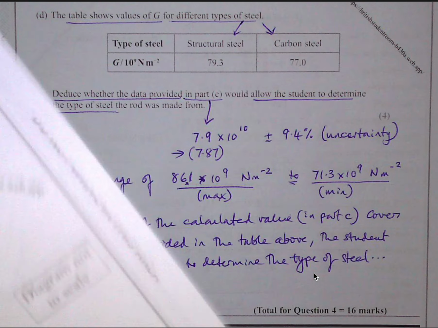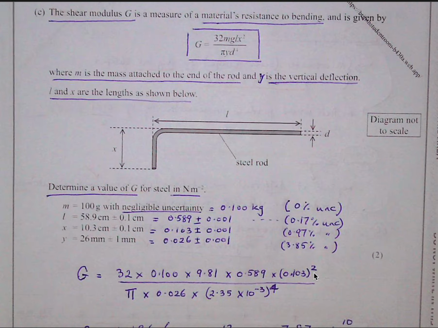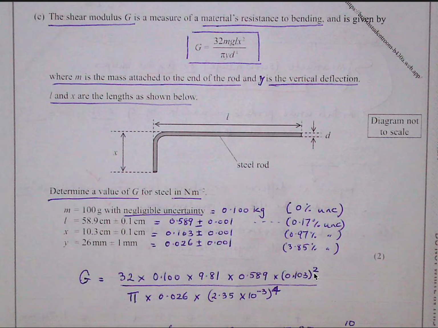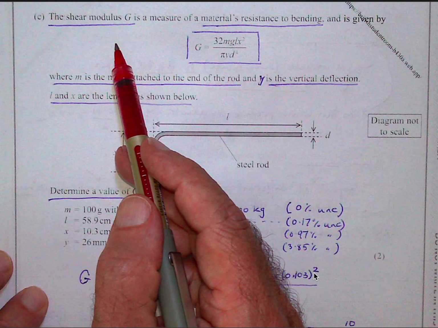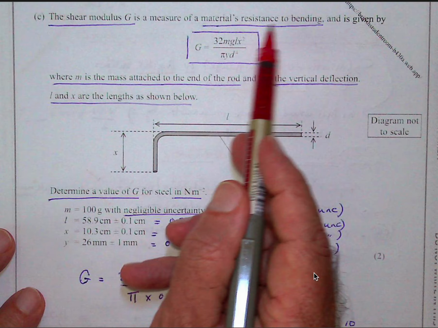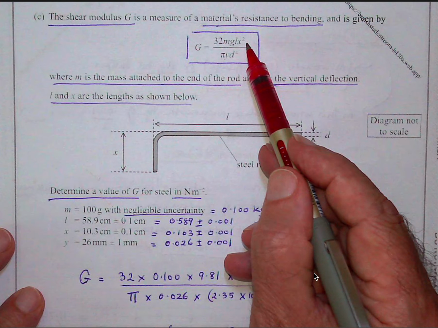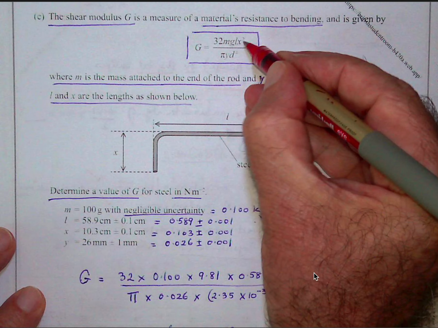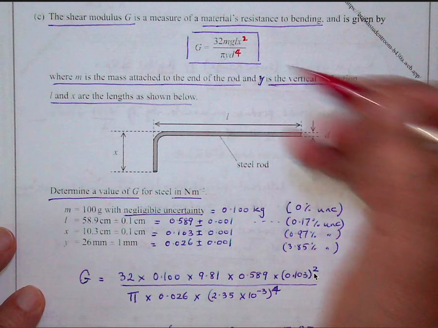So why am I telling you that? Because the final part of the question will go into that. Part C, they're talking about shear modulus. It's another measurement to do with material technology. So G, the shear modulus, is a measure of the material's resistance to bending and is given by the formula 32 mgLx squared over pi yd to the power of 4, believe it or not.